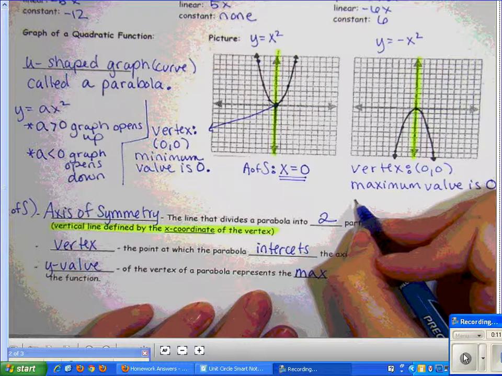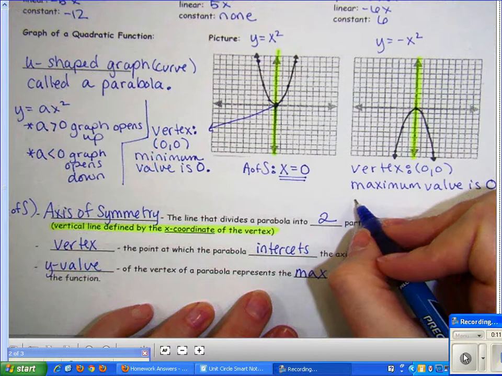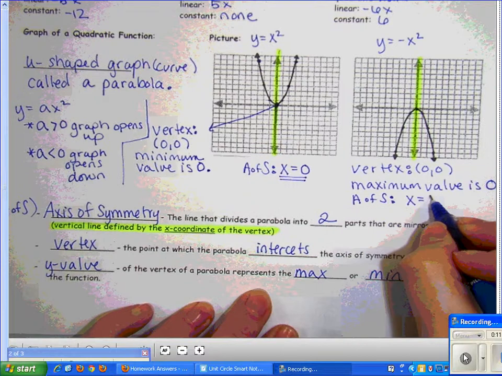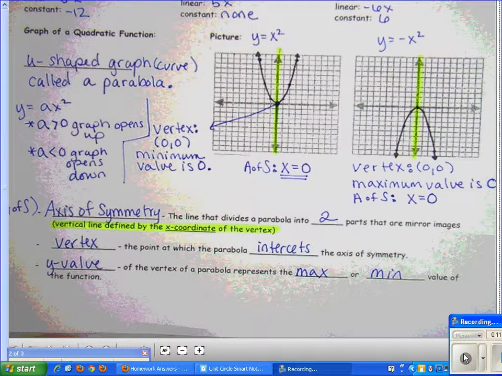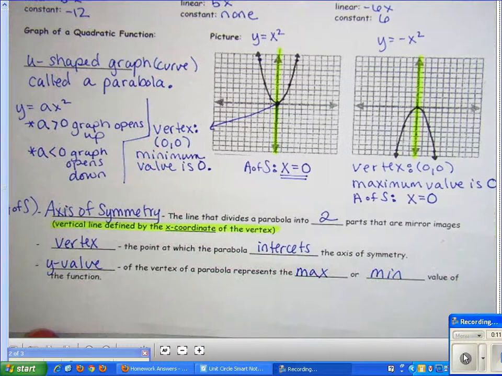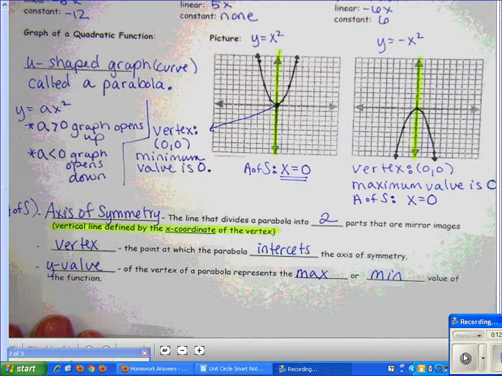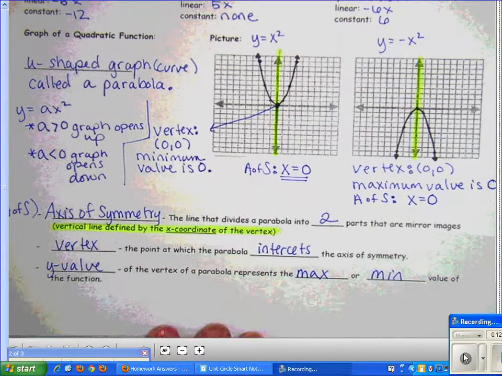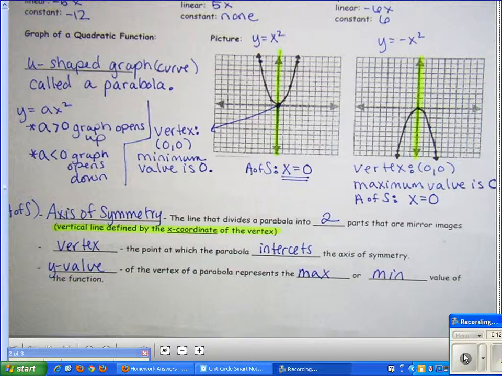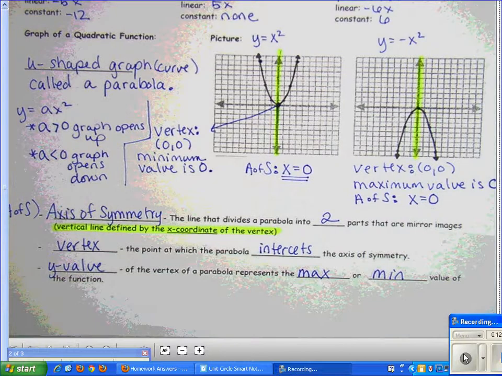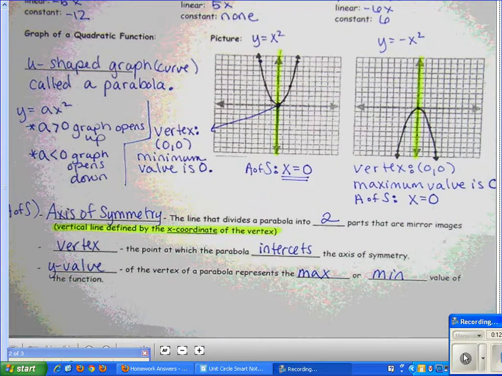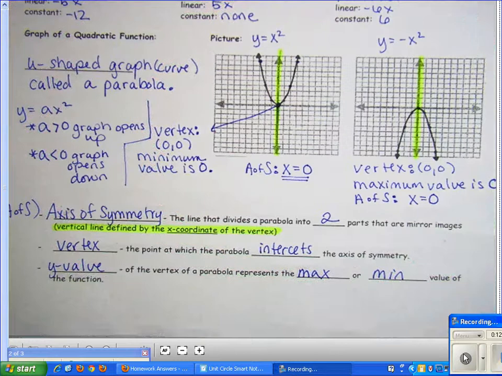And I know that the axis of symmetry is the x-coordinate of the vertex, which is going to be x equals 0. So these are the things that I should know when I'm looking at the graph of a quadratic function. So remember, the name for the graph is quadratic, and the shape of the graph is called a parabola, so don't get those confused.